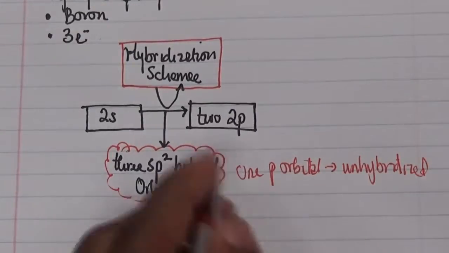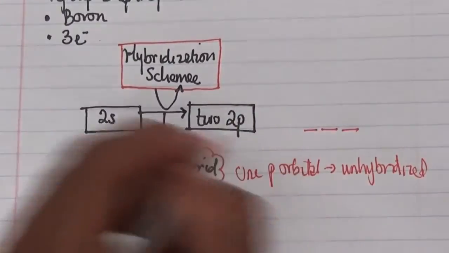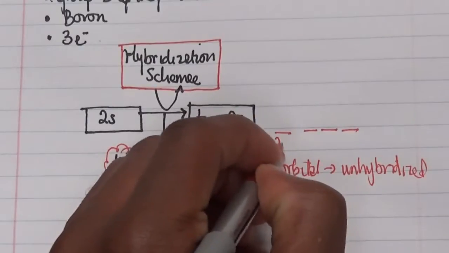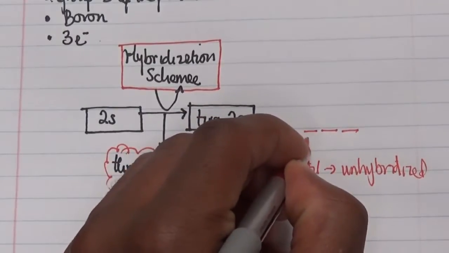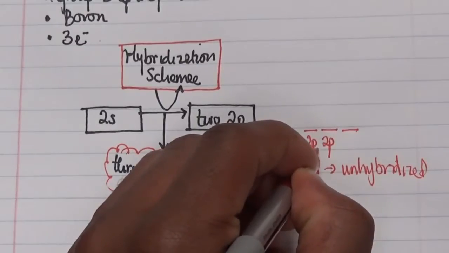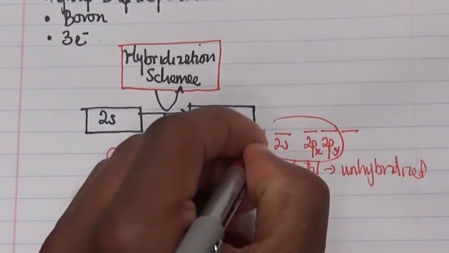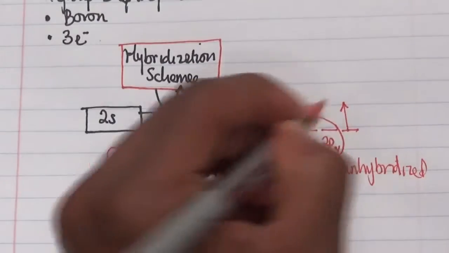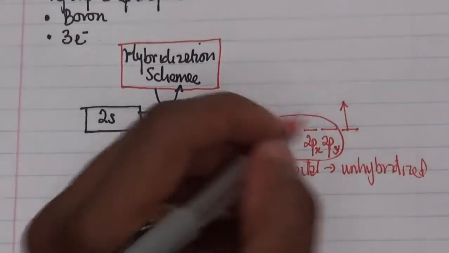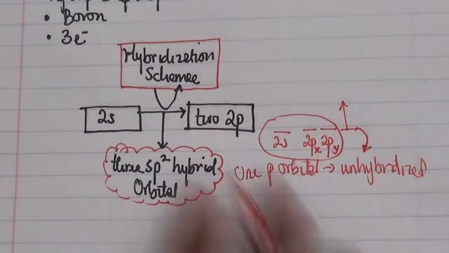In this case, you will note here that in general we have 3 p orbitals, but here we are combining the 2s orbital and the 2p orbitals, let's say for example the x and the y. We hybridize these orbitals and we leave this one left unhybridized. So this is what I'm trying to say in this particular hybridization scheme.